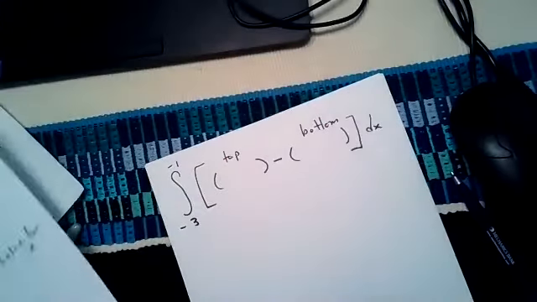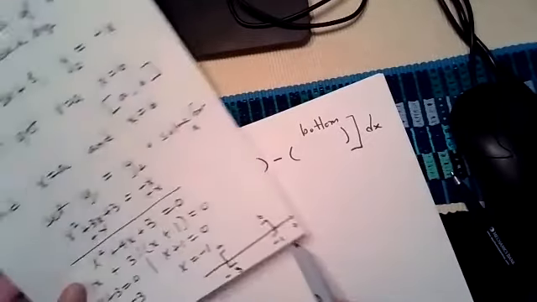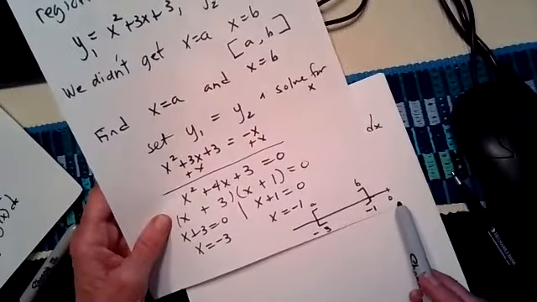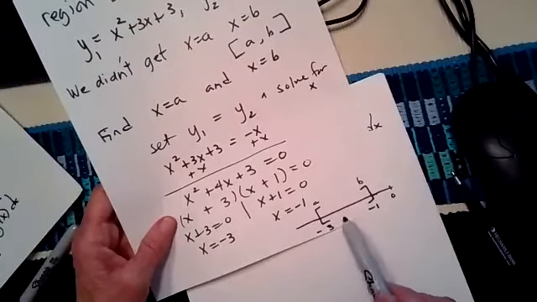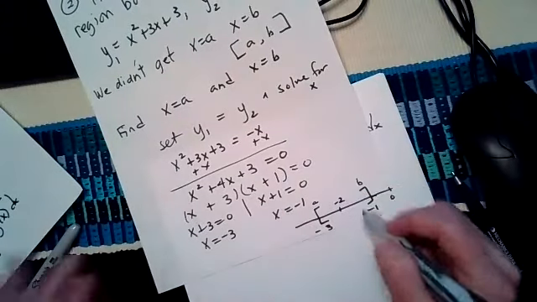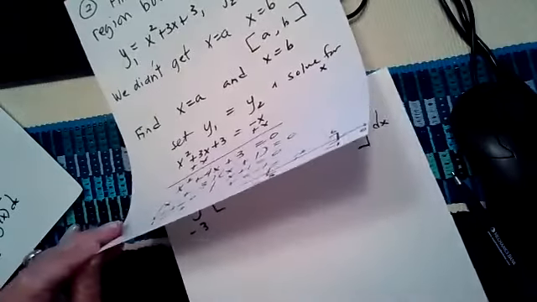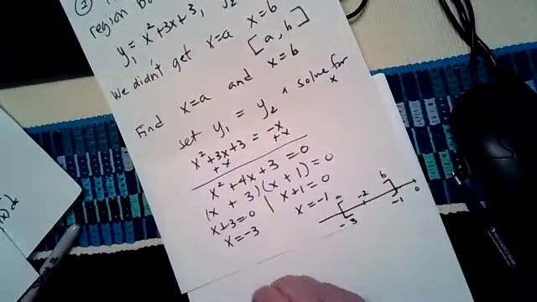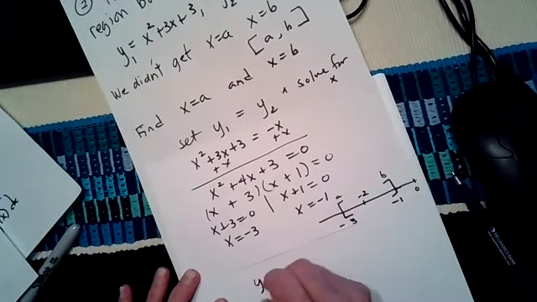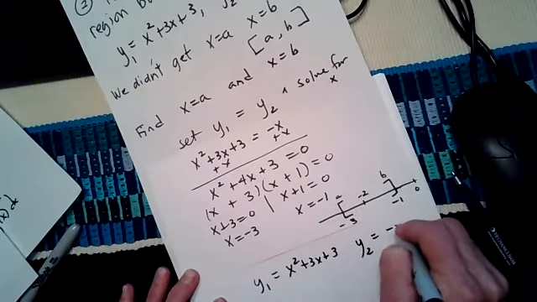Okay, so how are we going to figure out on this interval which is the top and which is the bottom? We can't pick x is equal to 0 because that's not in that interval. So there's negative 1, negative 2 is in that interval, right? So let's let x be negative 2. Okay, so here are my graphs. So y1 is x squared plus 3x plus 3, and y2 is negative x, right?